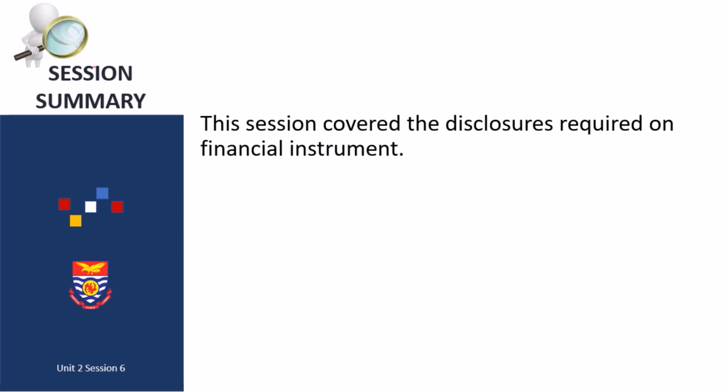And under IFRS 9, which deals with the financial instrument itself, we looked at financial assets, financial liability, the equity instrument, the initial measurement of a financial instrument, and the subsequent measurement of a financial instrument. We've looked at certain examples under each.